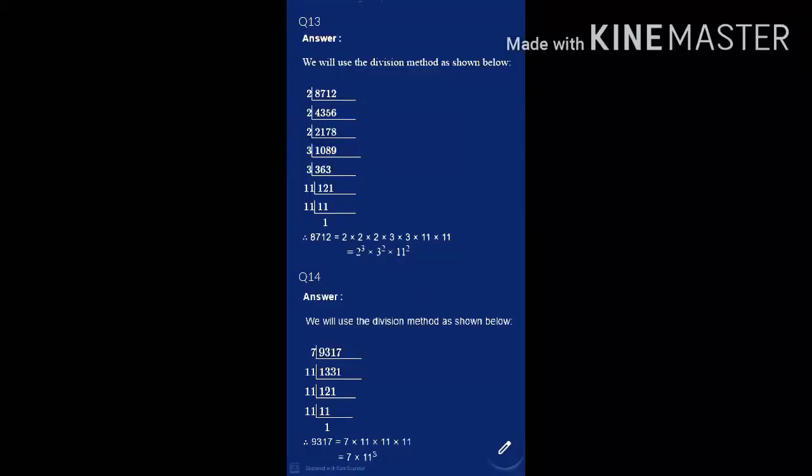Okay. Now let's start with another question, number 13, which is 8712. Again we will use the division method which is shown below. So 2, it's an even number, we will be dividing by 2. We are getting 4356. Again we are dividing by 2 and we are getting 2178. Again we are dividing by 2 and we are getting 1089.